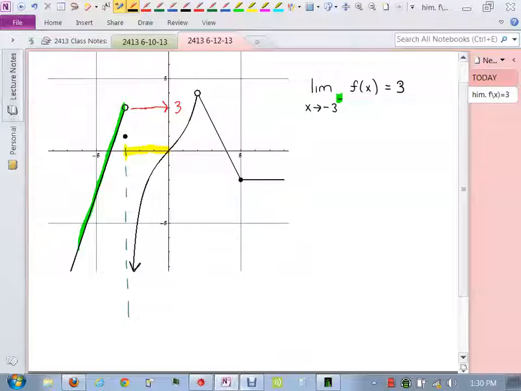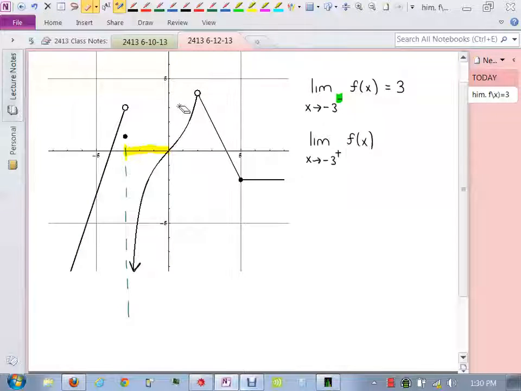Okay. Now the next question said, what is the limit as x approaches -3, but this time with a little plus sign? You're still going to start at an x value of -3, so the yellow here that I have highlighted is still the same. I'm going to get the green stuff out of here.